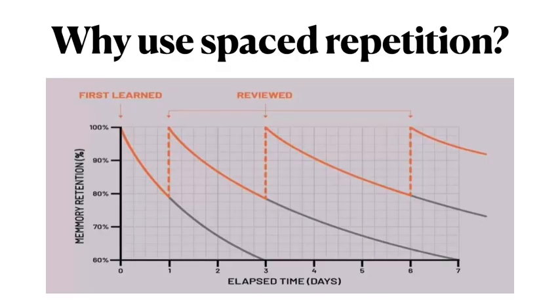Now, keep this page in mind because it's going to be very relevant soon. So, why do we use spaced repetition? The benefit of spaced repetition is that if I'm just trying to focus on one of these lists, just cramming for a week, I might do really good on a test at the end of the week. But chances are, I'll forget a lot of that information after a while.